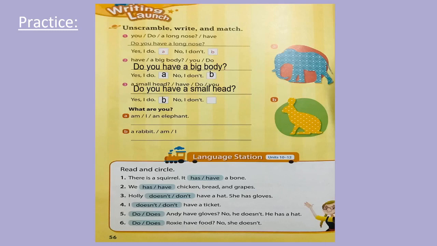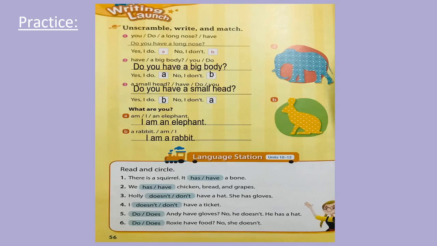The rabbit has a small head. And no, I don't is letter A, right? Because the elephant has big ears and a big head also. So now let's move to another one: what are you? I am an elephant, right? And another one is, I am a rabbit. So here is our answer for the first exercise.